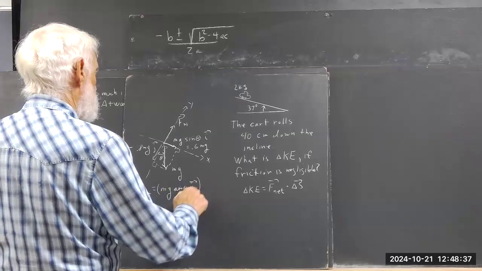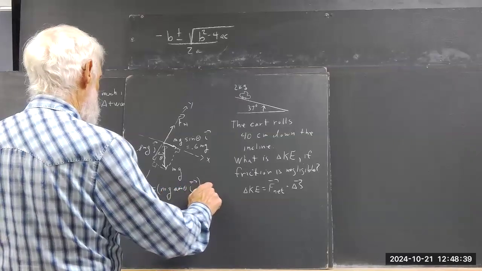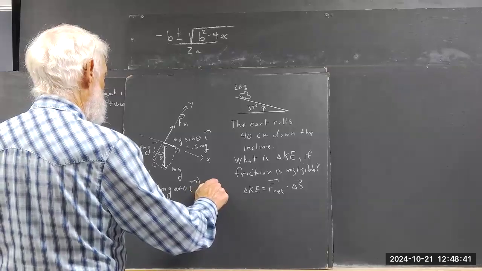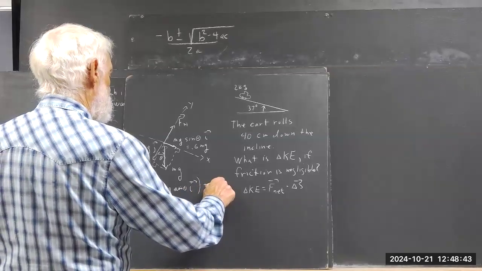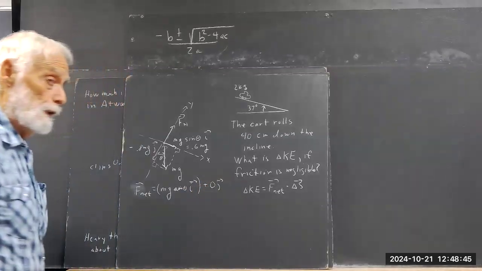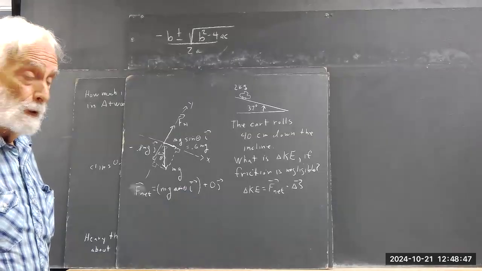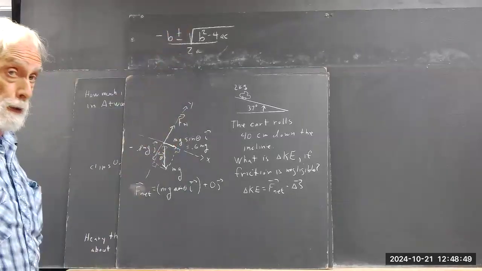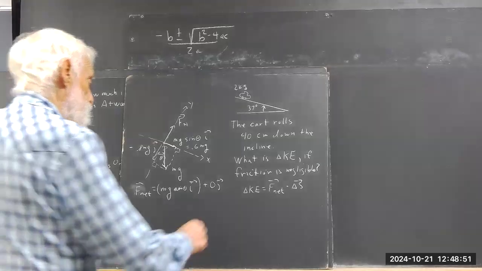It's mg sine theta i plus 0j. Why is it 0j? Because we're at equilibrium in the y direction.